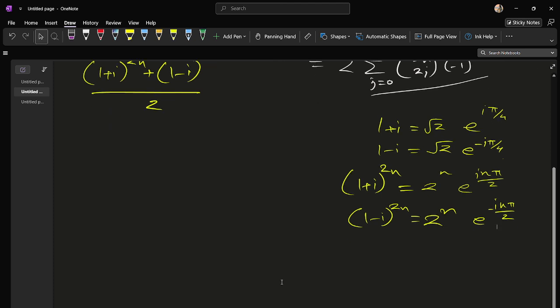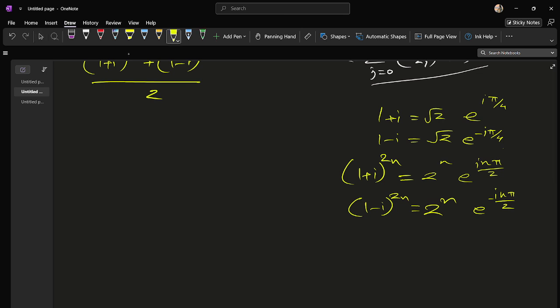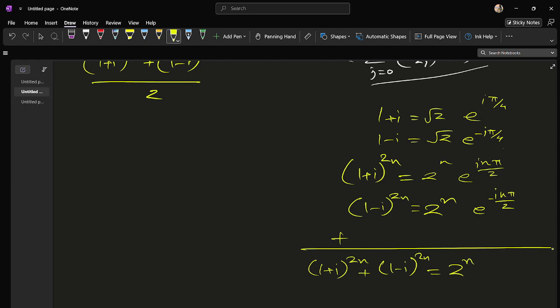Okay, now we are going to add these. Adding, 1 plus i to the power 2n plus 1 minus i to the power 2n equals 2 to the power n times the bracket of e to the power i n pi by 2 plus e to the power minus i n pi by 2.